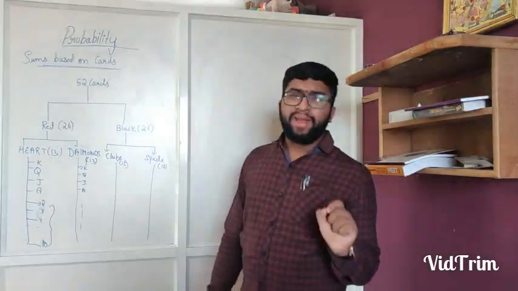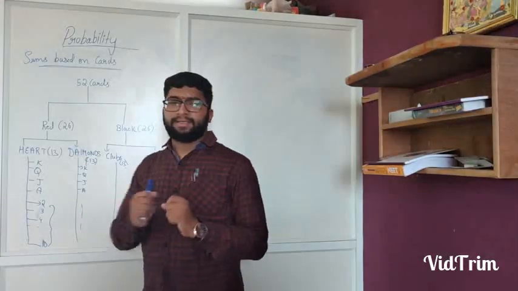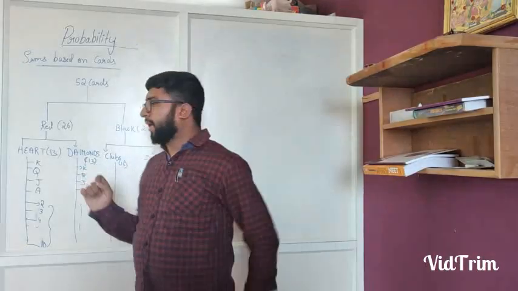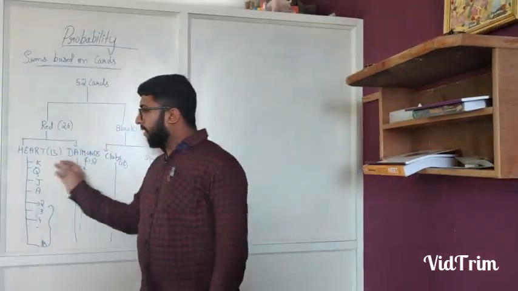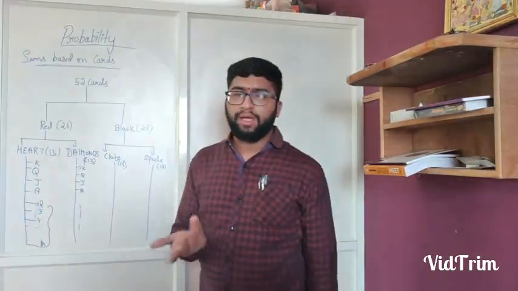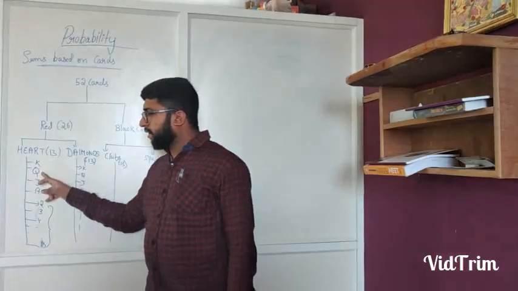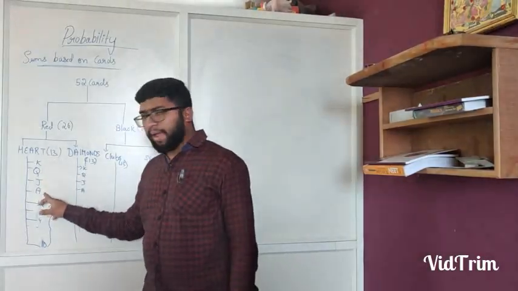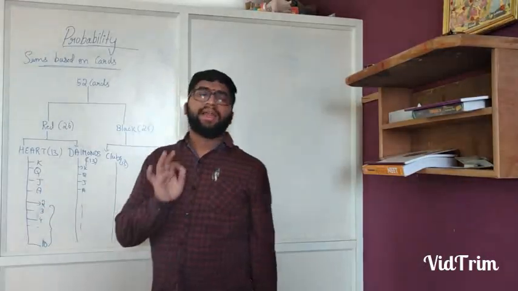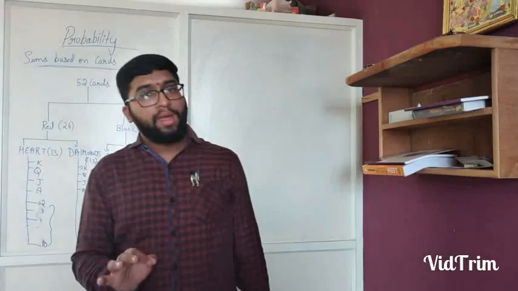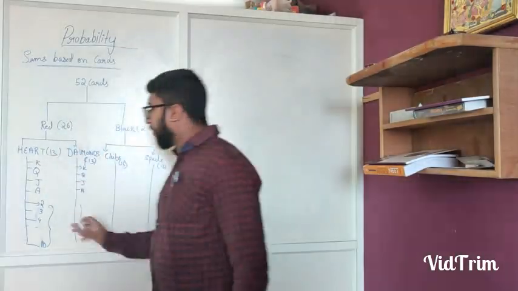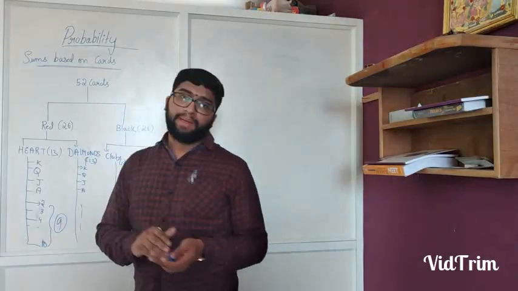Whenever we consider the hearts, 13 hearts cards are there. In the 13 hearts, you'll be having one king, a queen, and a jack, or joker, however it is convenient, and you'll be having an ace. And the number cards will be starting from 2 and ending at 10, so you'll be having exactly 9 number cards.